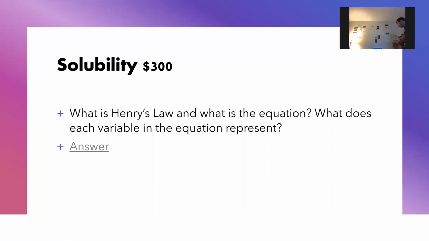Brookdale Bear: Henry's law equation is C of gas equals K H times P of gas. C is the concentration, K is Henry's law constant, and P is the partial pressure of the gas. Good. Brookdale Bear, you get 300 more. That cancels out the -400.